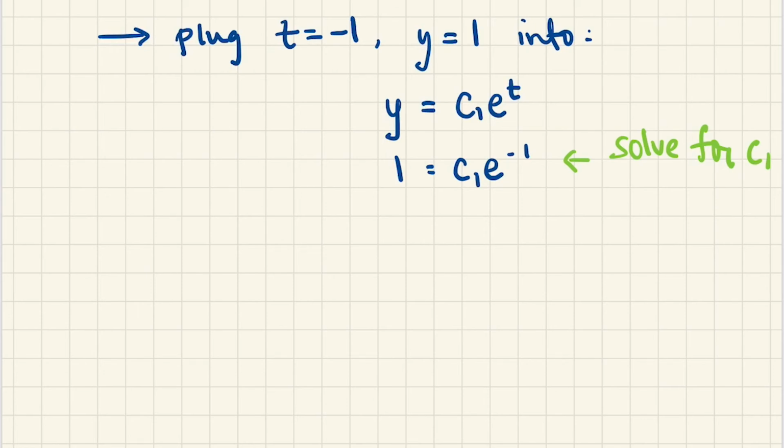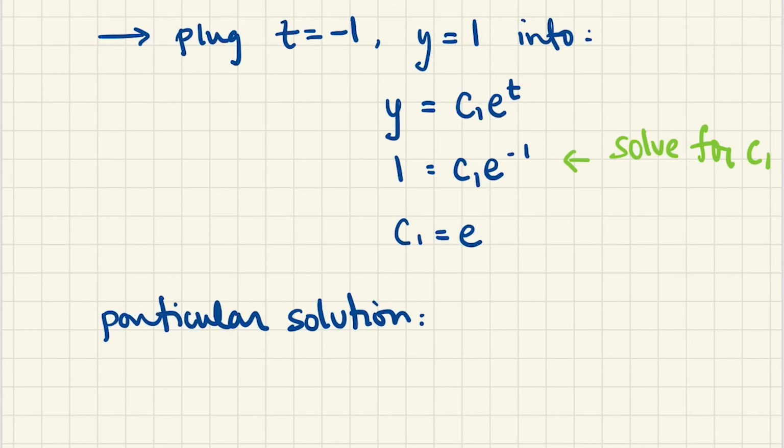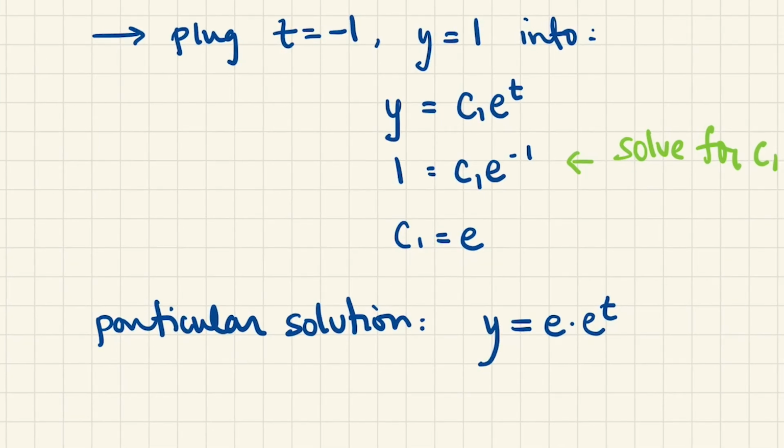So, of course, we can see that c1 is equal to e. So the particular solution is y equals e times e to the t, which of course is better written e to the t plus 1.